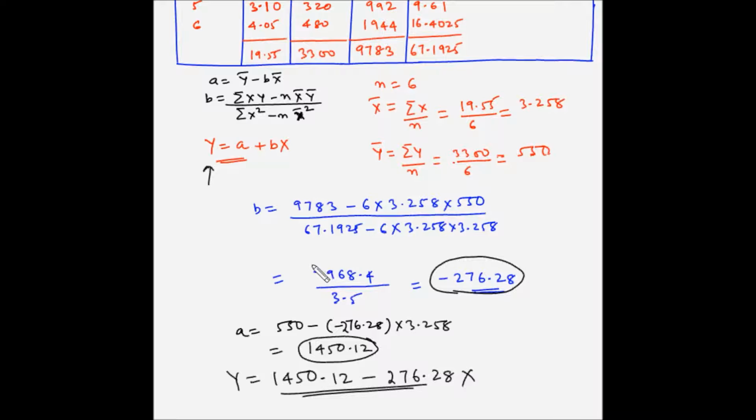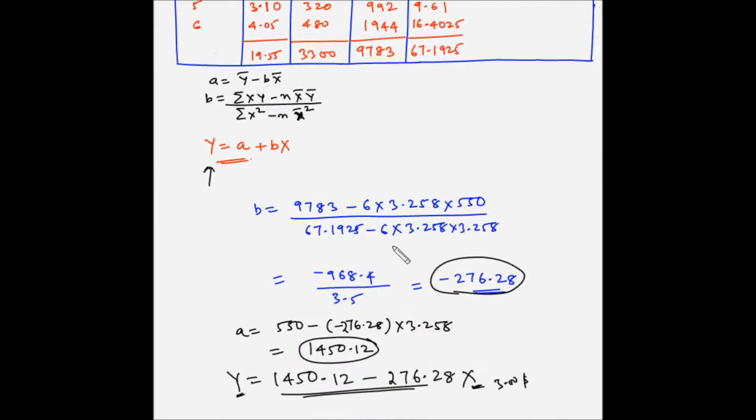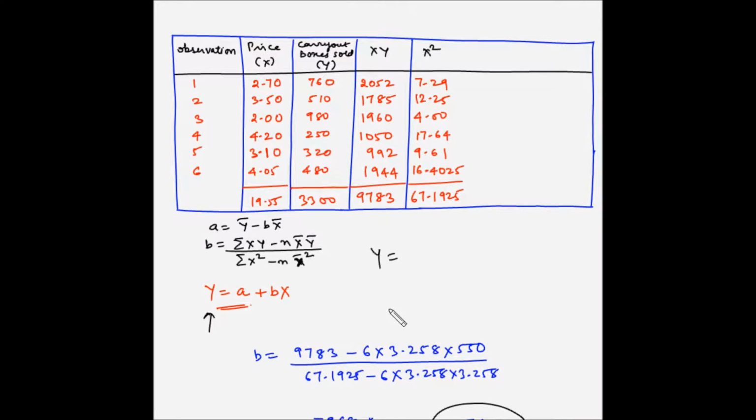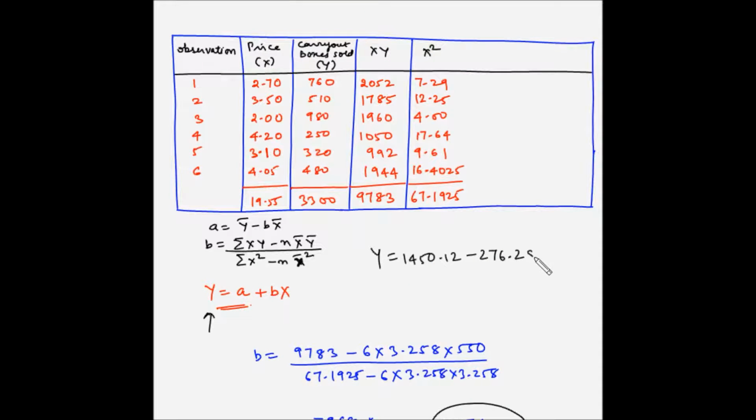Now we have to find out the projected sales of carry out chicken boxes if the price is $3. So let us plug in the value of 3 as x in this equation and let's find out the projected sales. So let me remove some of this portion to make some space. So y is equal to 1450.12 minus 276.28 multiplied by 3.